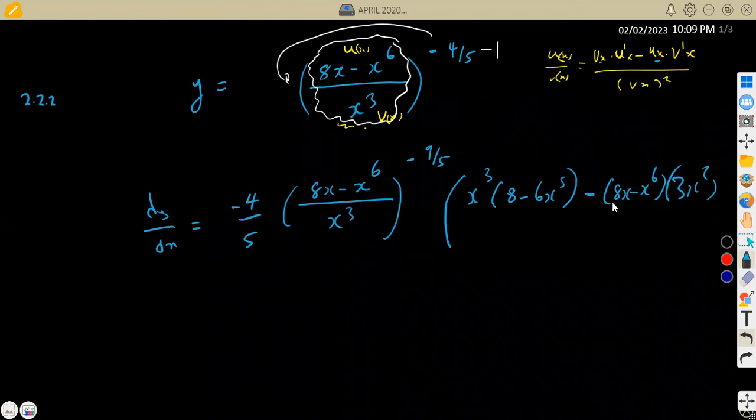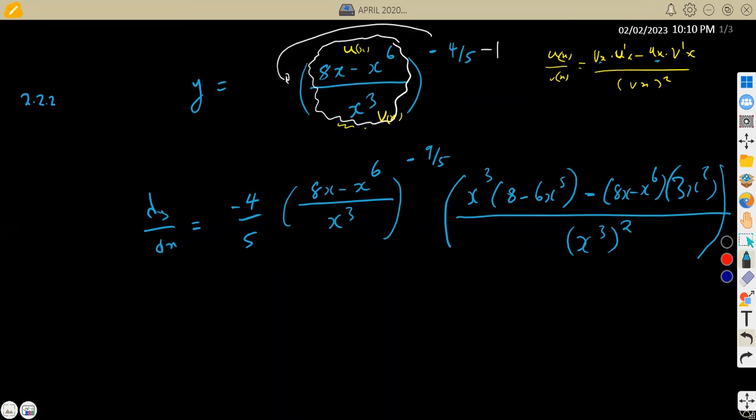Everything we have here is supposed to be affected by v(x) squared, so the denominator is x to the exponent of 3, then we square this. This is what you're going to have as the resultant. Remember that simplification is not required, so there's no need to simplify further. Just leave your answer like that.